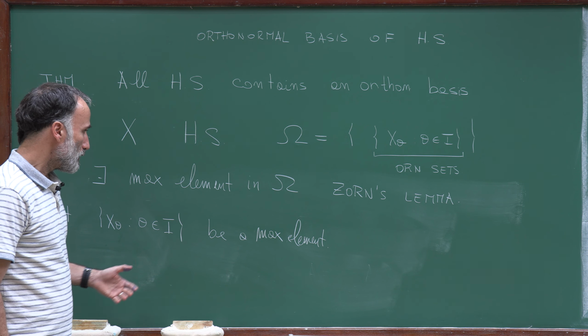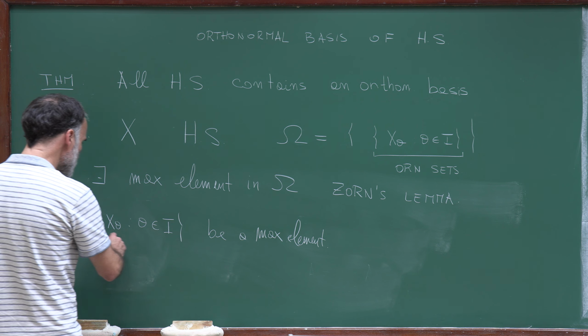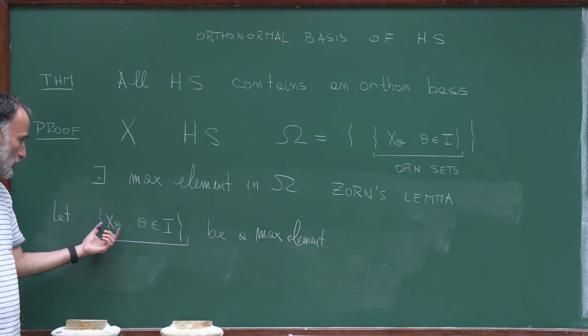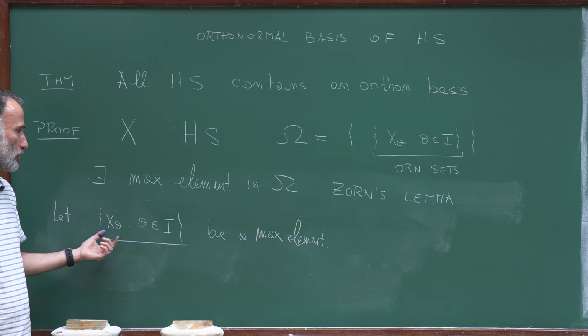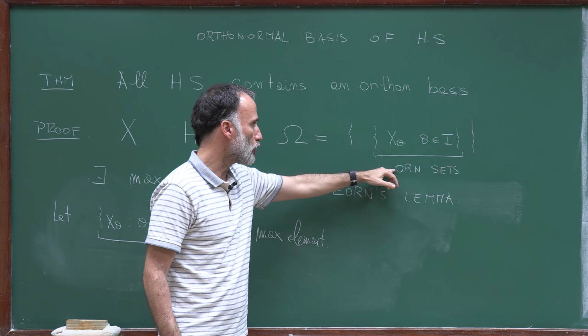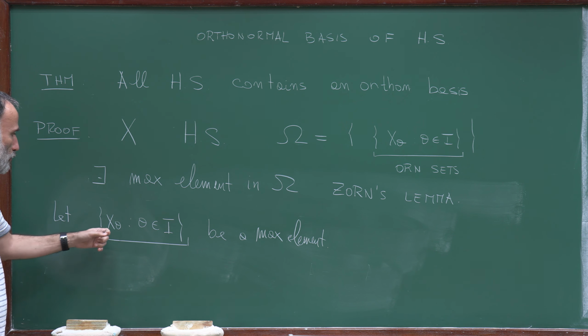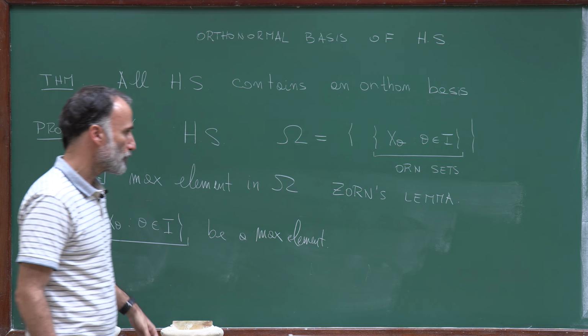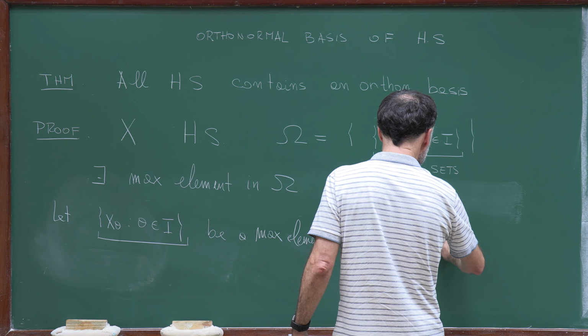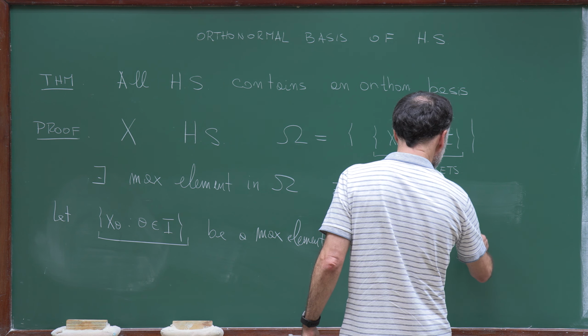So it's a maximal element, and for that to be a basis, we need this set to be an orthonormal set. This is the case because omega is formed by orthonormal sets. But we need also the closed linear span of this set to be X. So we need to show that X is actually equal to the closed linear span of the x theta.